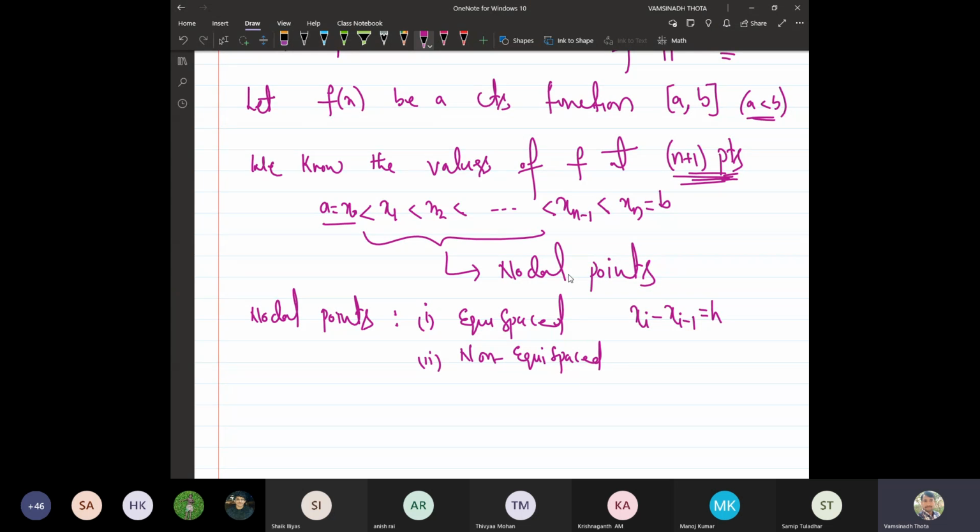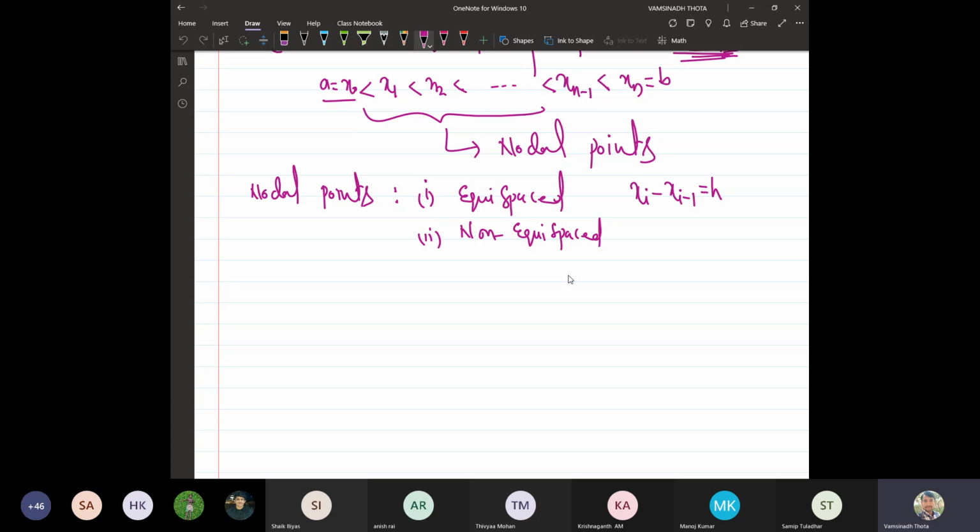The distance between any two consecutive nodal points is always the same, constant. That is what we call equispaced, or uniform discretization of the interval a comma b. Non-equispaced means if it is not equispaced, which means the difference between two consecutive nodal points need not be the same.